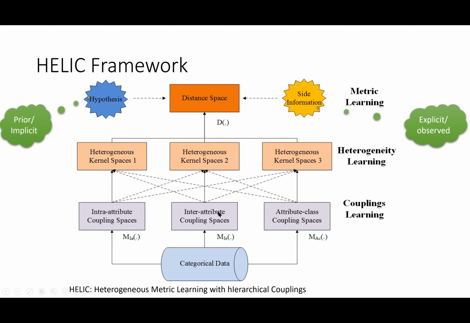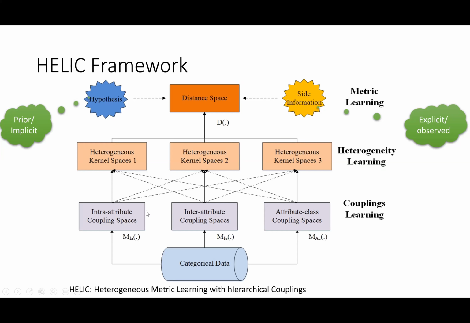Similarly, between attributes, there could be different ways to measure the between-attributes relation. We broadly call it inter-attribute coupling. And similarly, between attributes and the class or class label, you can build multiple coupling functions to model the relation between one particular attribute and the label set, right?